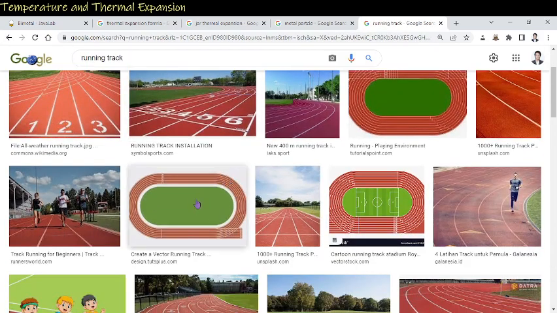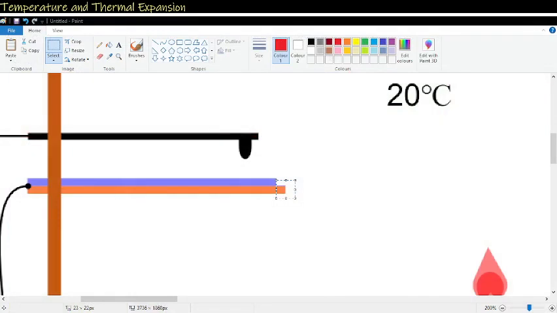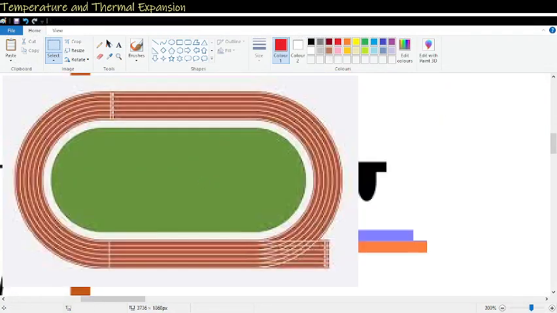For example, if you have seen a running track, the one running on the outside will have a longer distance compared with the one on the inside.